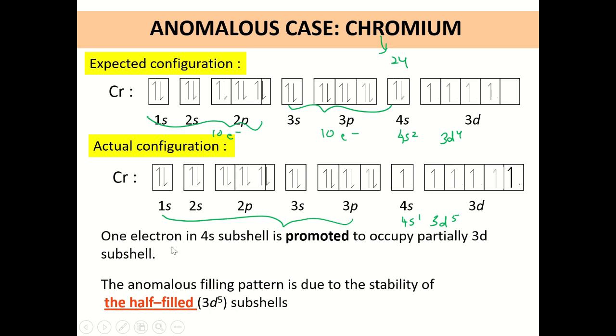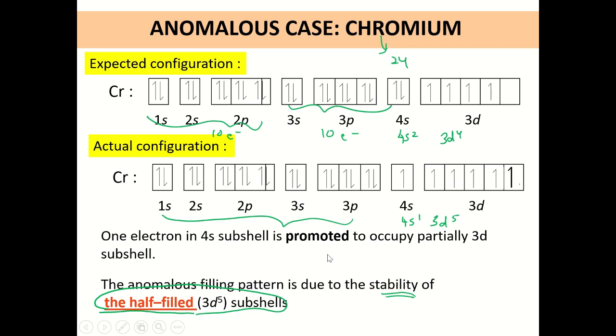Therefore you must answer: one electron in the 4s subshell is promoted to occupy partially the 3d subshell. This is due to the stability of the half-filled 3d subshell. The keyword is stability of the half-filled 3d subshell.